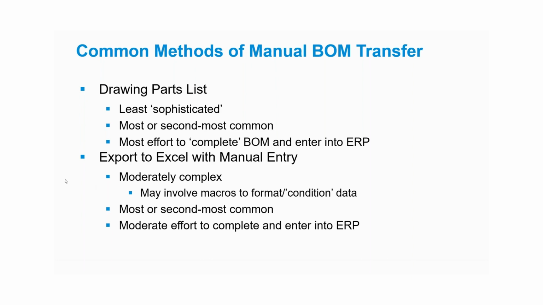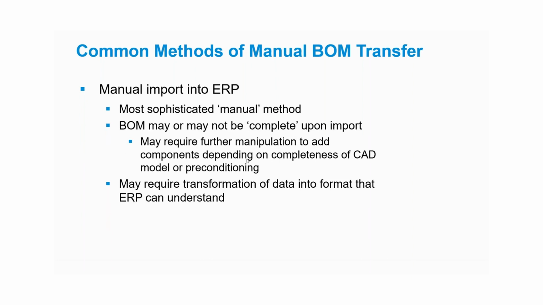And then that third method, importing into ERP manually, meaning starting with a spreadsheet or a CSV file and pressing some buttons in ERP, and in comes the BOM, right? That BOM may or may not be done when you import it. You may need to manipulate it further. You may need to add quantities as you go or have some rules in your ERP system, right?